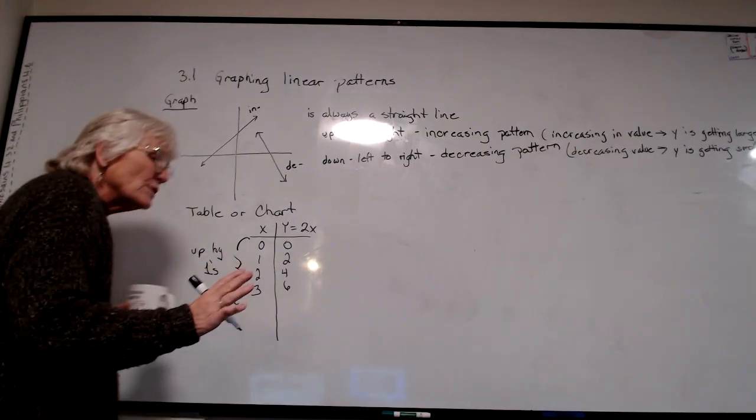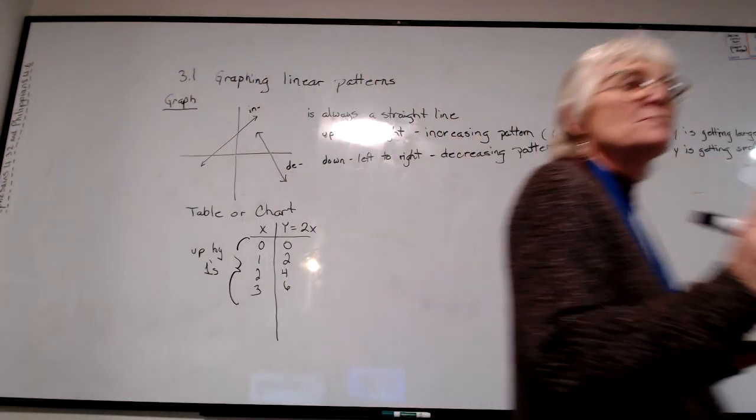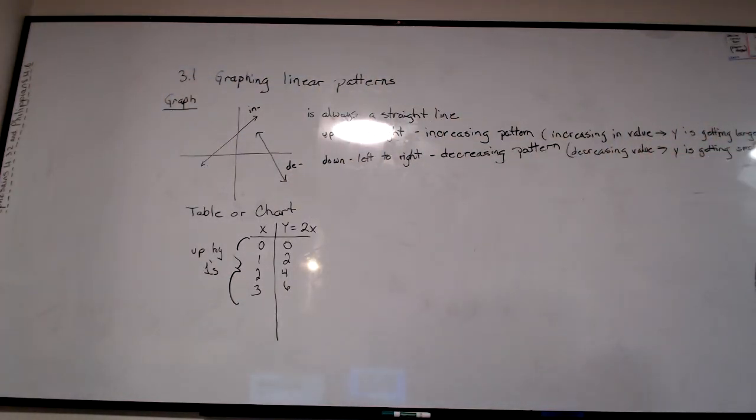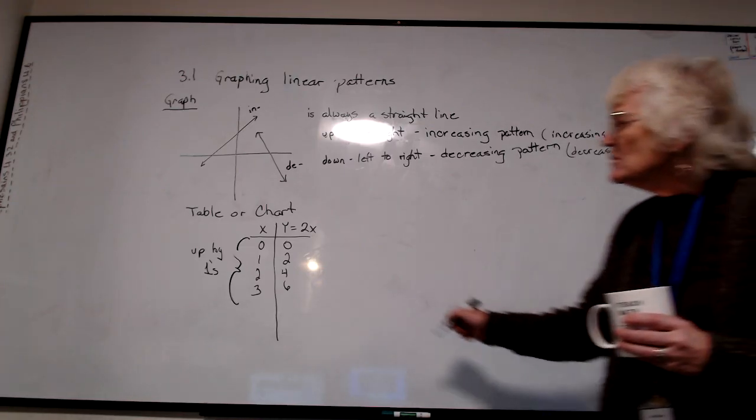We might not always do that, but right now we want to put our x values in as increasing by 1. Doesn't mean you have to start at 0. You could start at 10 and go 10, 11, 12, just as long as they're increasing by 1.